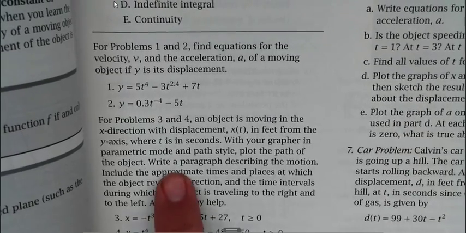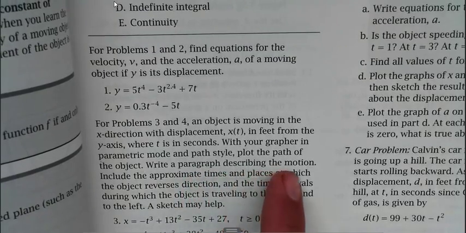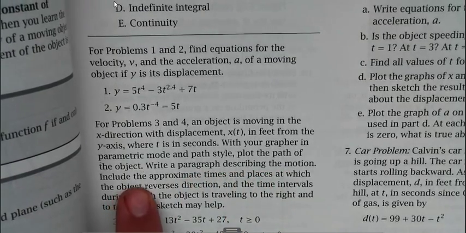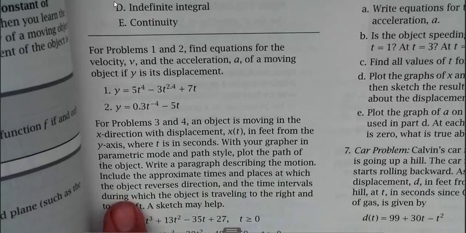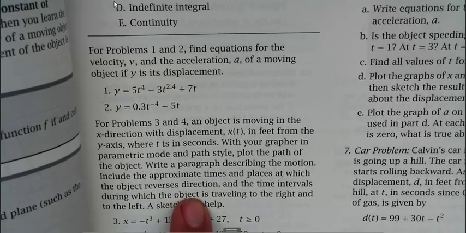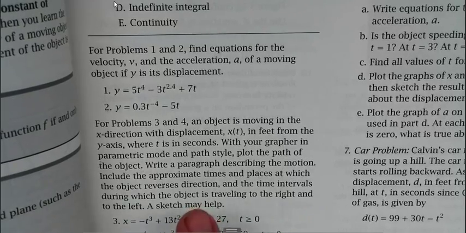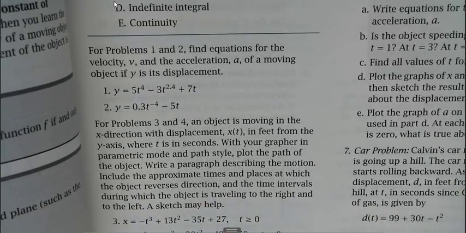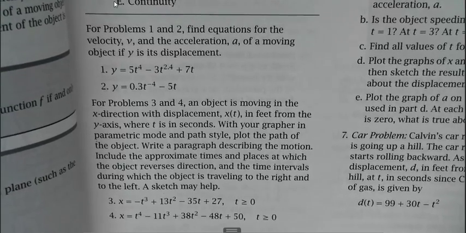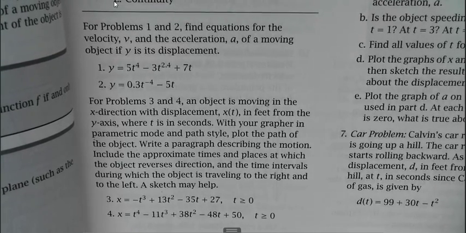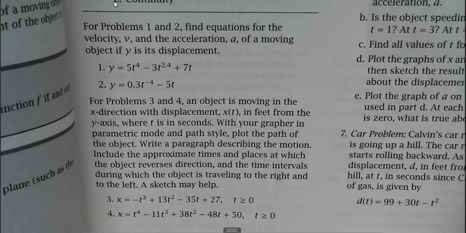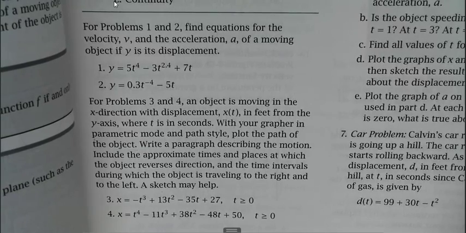Okay, so what we need to do is write a paragraph describing the motion. We need to include the approximate times and places at which the object reverses direction and the time intervals during which the object is traveling to the right and to the left. A sketch may help. So I think that's the first thing I'm going to do. And what else is probably going to help me with this is looking at a table so that I can see exactly where things are turning around, where they're getting bigger and smaller.